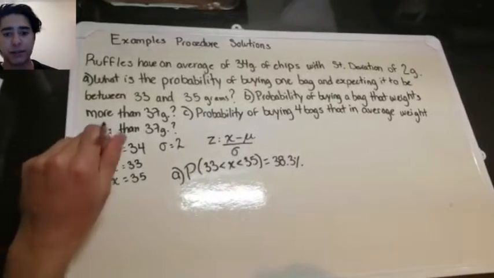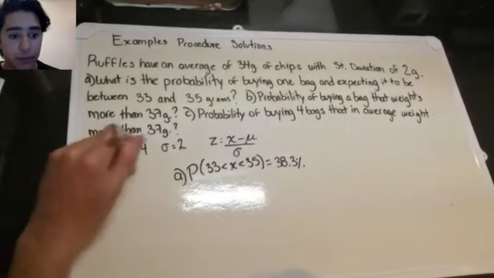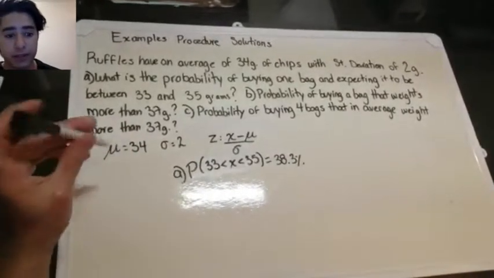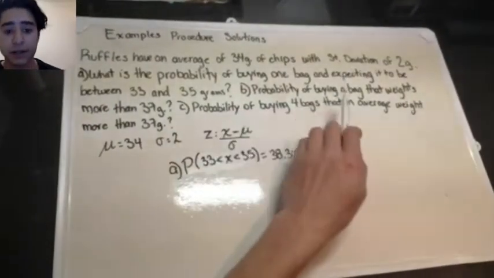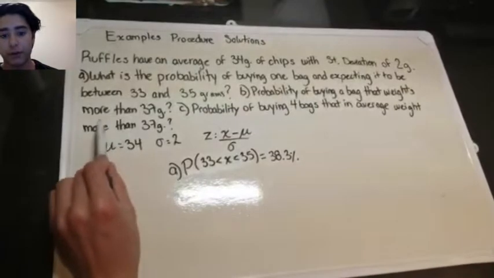The next thing we are asked to find is the probability of more than 37 grams and the probability that 4 bags have more than 37 grams.